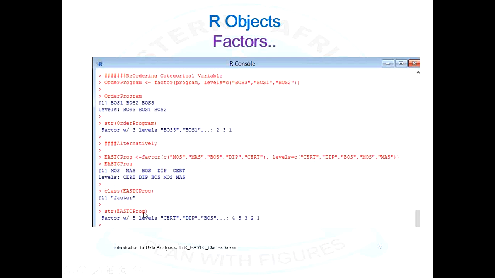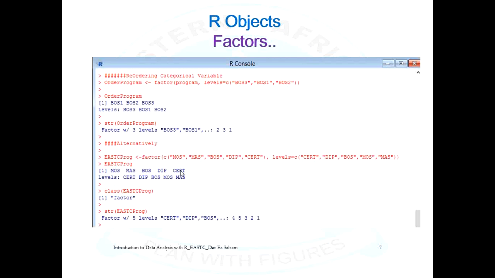Now structure, we have factor, levels: there are 5 levels, with certificate being the first one, diploma the second, boss the third, most the fourth, and mass the fifth. Now don't confuse this and this element here. Now 4, 5, 3, 2, 1 gives you the order for these levels here. That most is number 4, mass is 5, boss is 3, diploma is 2, and certificate is number 1.